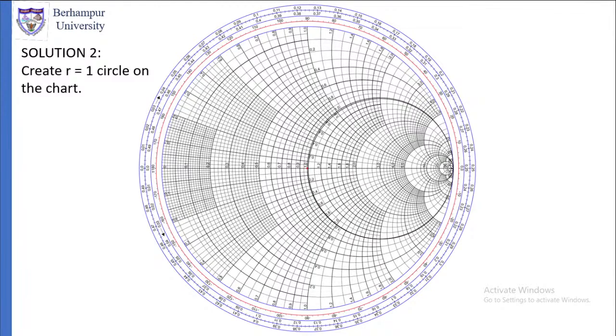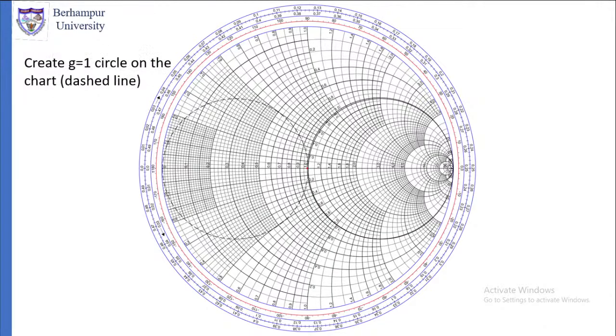Which means between 0 to 1, in that range, draw another circle. Since you know the radius, draw another circle which will look like this. You can see the second circle. One circle was on the right hand side, the second circle is on the left hand side.